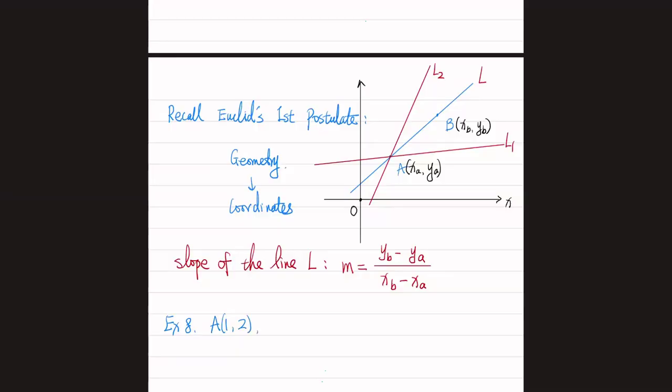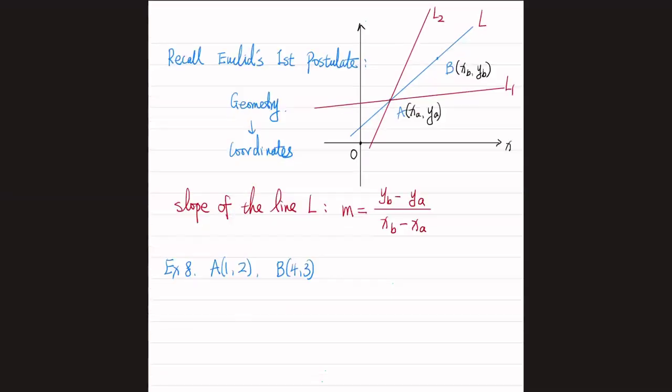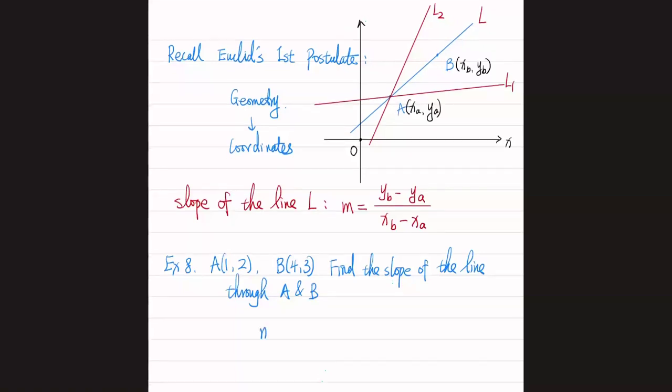Points A and B. Let's find the slope of the line through A and B. The slope is like 3 or something. It's 3 over 1. How do you get this?